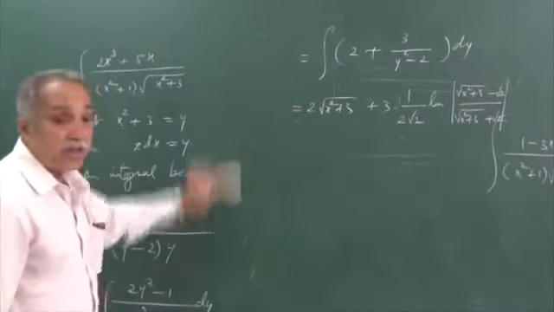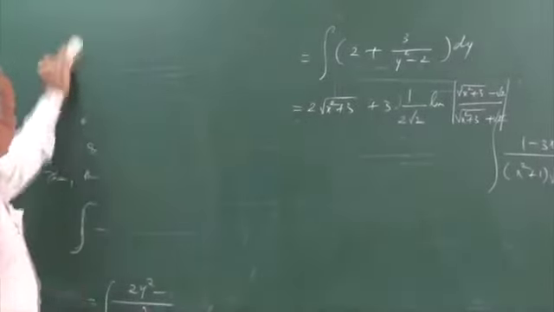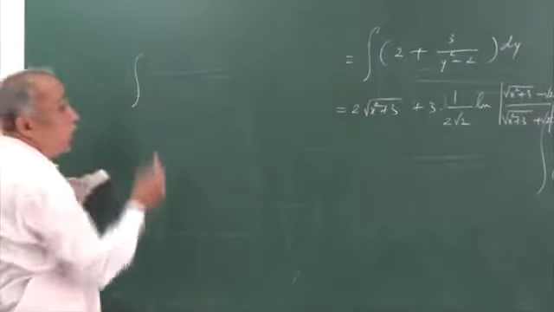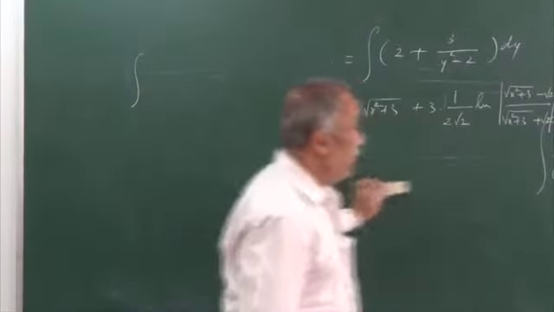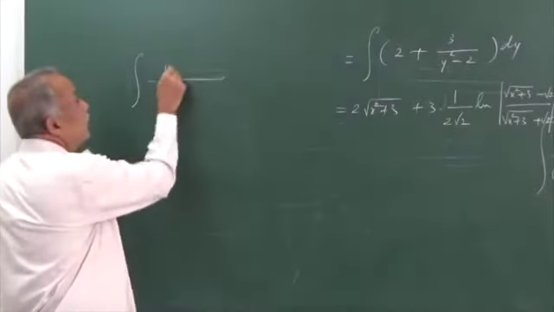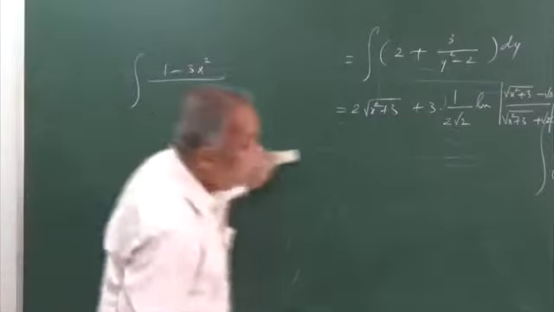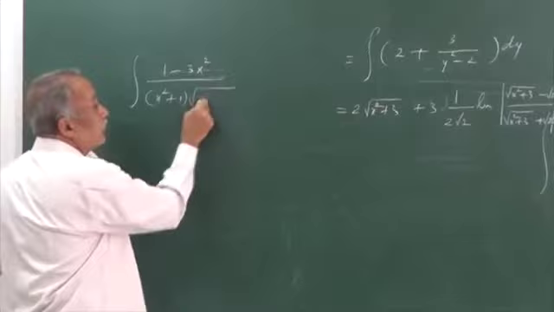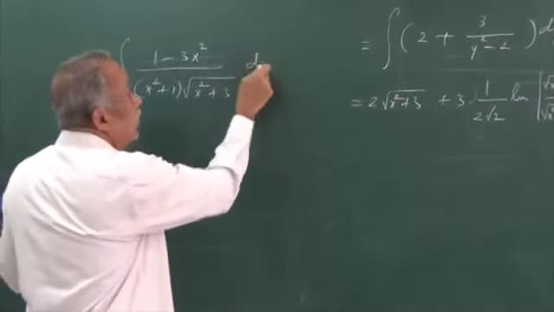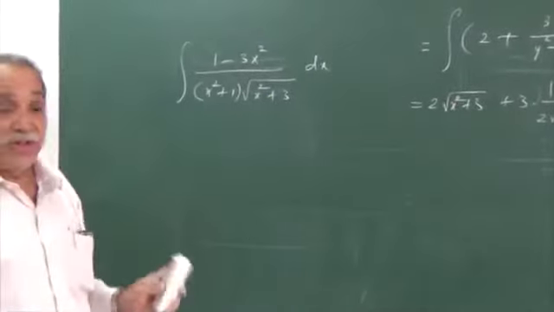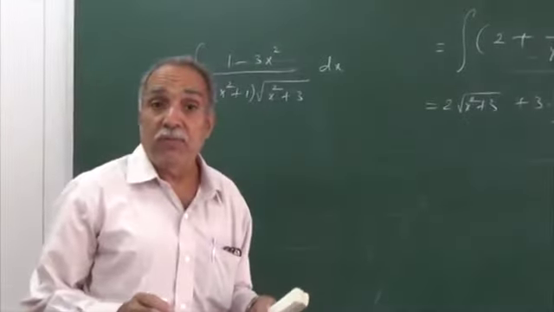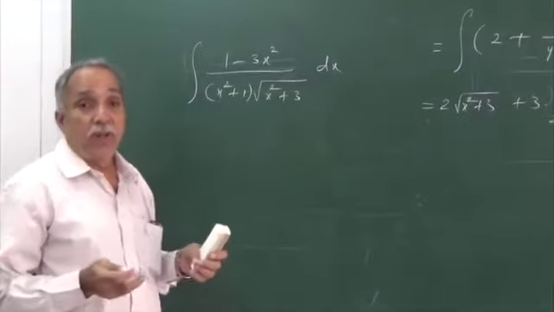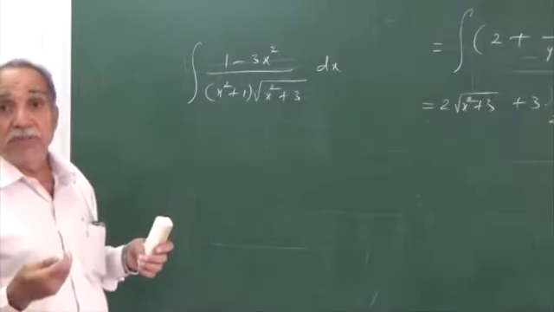Now, let me take up the second part. The second part is the integration of (1 − 3x²) divided by (x² + 1) into the root of x² + 3. As it is not in any standard form, or in an easily reducible form, I can bring it to a simpler form.